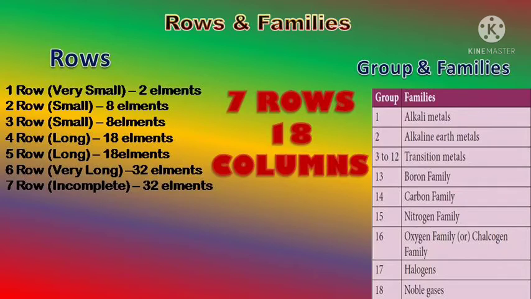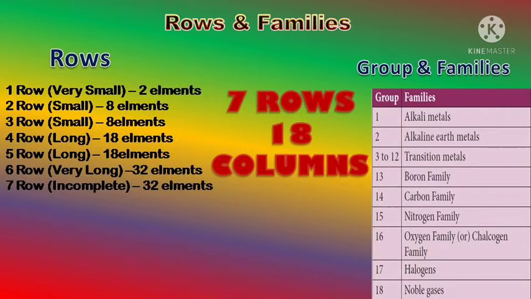The sixth row consists of 32 elements, which includes lanthanides too, called a very long row. Also, the seventh row consists of 32 elements, which includes actinides too, called an incomplete row, because the elements are yet to be found. Okay, that's all about rows.